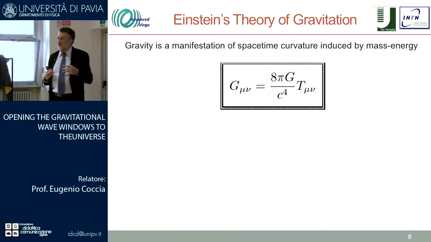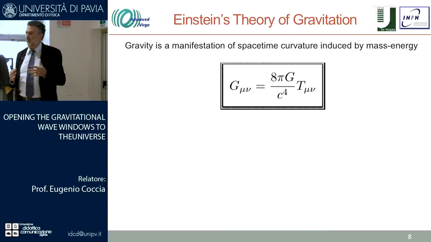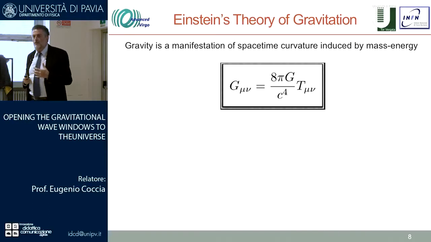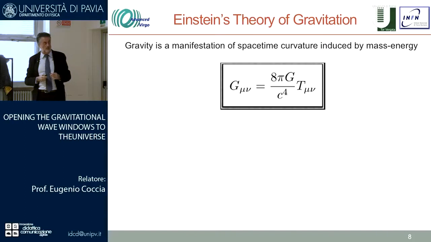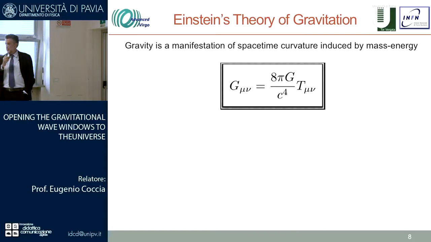So the fact that gravity had this infinite speed of propagation was not symmetric with respect to the electromagnetic case. And then also other reasons, but let me in this lecture go to the heart of the various issues.